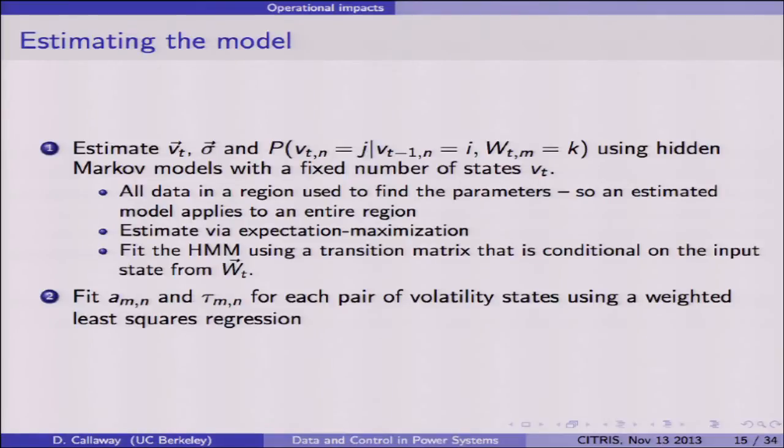We estimate that with a straightforward algorithm called expectation maximization. And that spits out the state transition matrix and volatility, which are the key things that we care about. And then we post-process the results to figure out what the spatial autocorrelation function ought to look like.